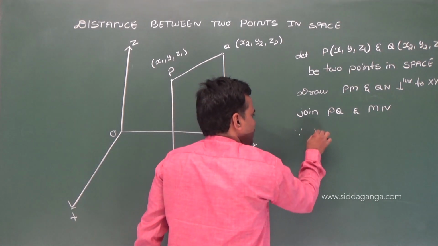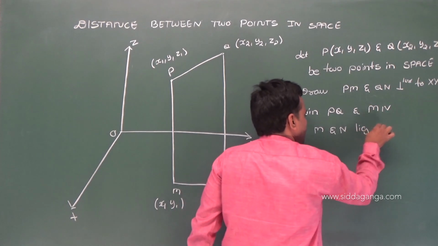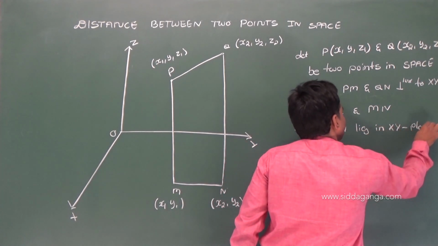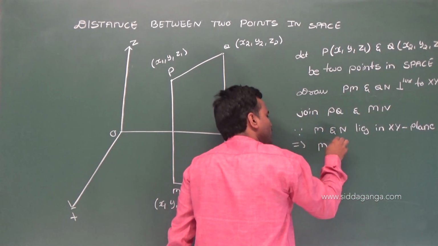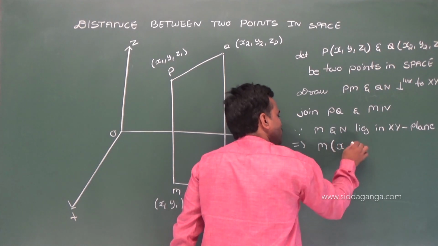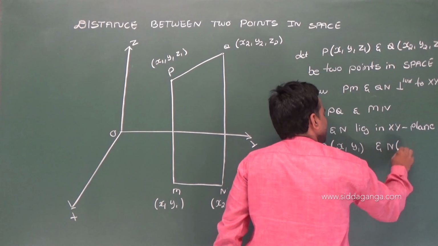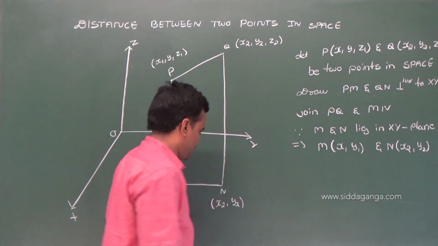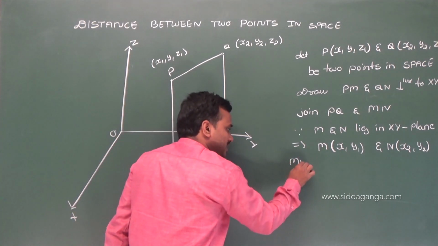Since M and N lie in XY plane, the coordinate of M is x1, y1 and the coordinate of N is x2, y2.